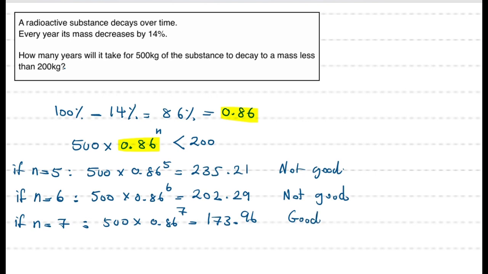That means that the number of years that it will take for the mass to be less than 200 kilograms will be 7 years. So I would write it takes 7 years. And that's the final answer.